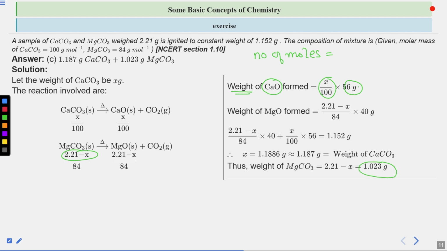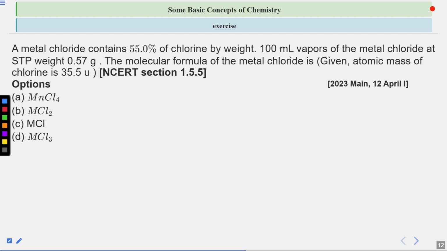So moving on to the next question. This is a very good question, so just listen very carefully. The question is saying that we have a metal chloride in which the chlorine is 55% by weight.